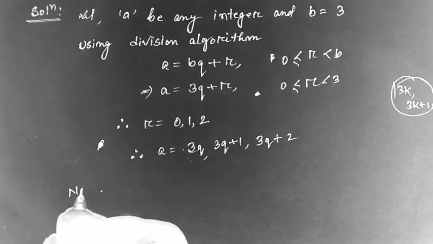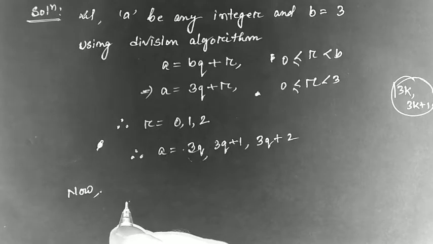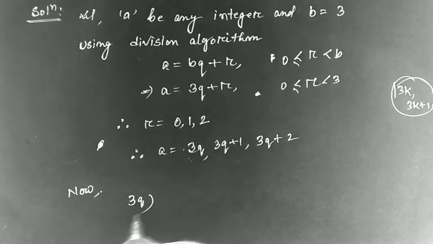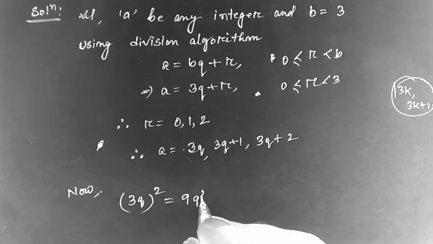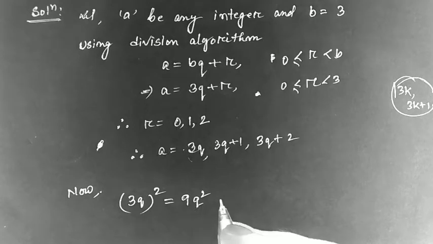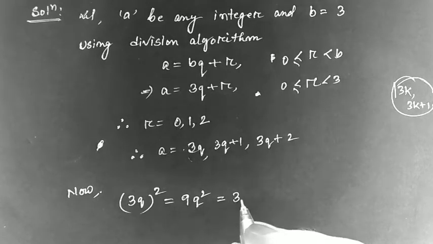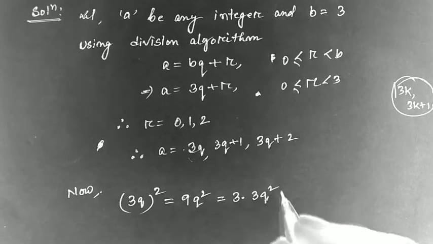Now 3q square means what? 9q square, no? And 9q square can be written as 3 into 3q square, no?